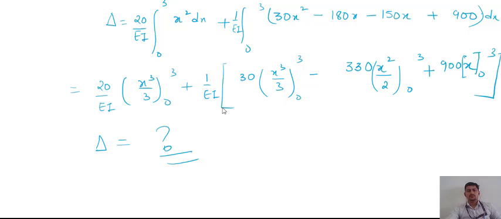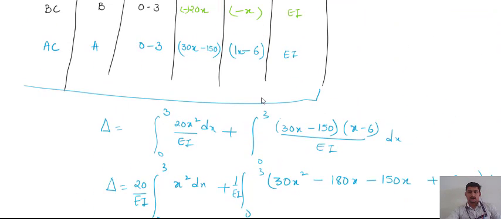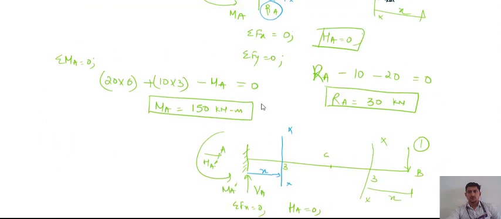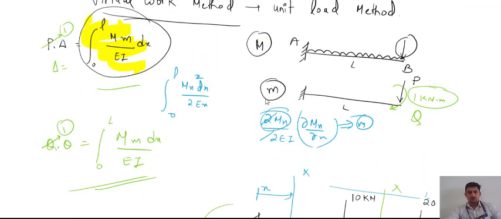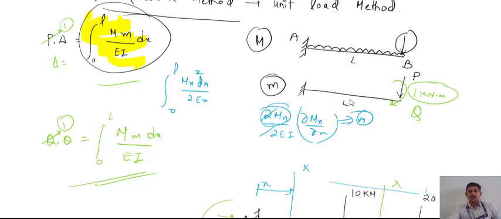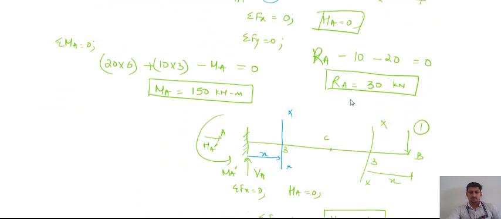this answer. So I hope you are getting the concept behind the unit load method. First of all, you have to calculate the unknown reactions, and after that, at the point where you have been asked to calculate the deflection, you have to apply the unit load, and then calculate the reaction due to that unit load, and then make this table.